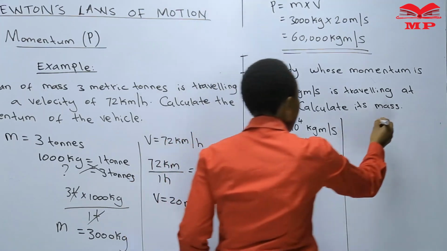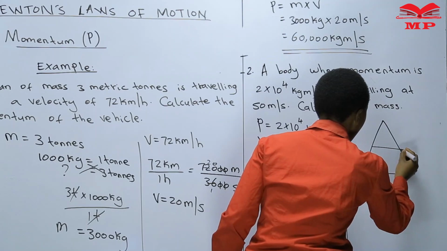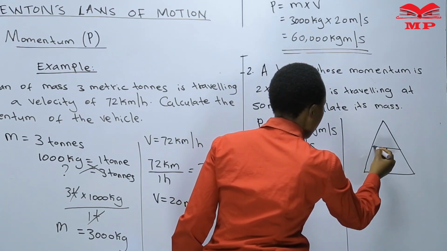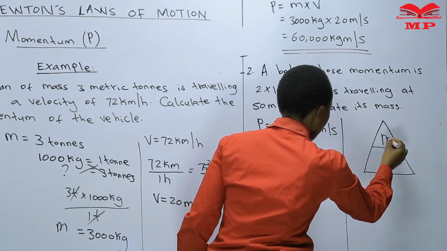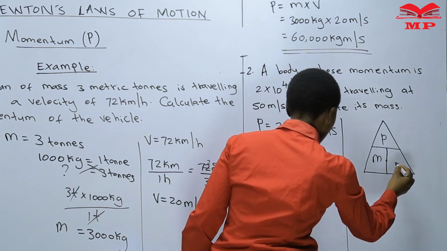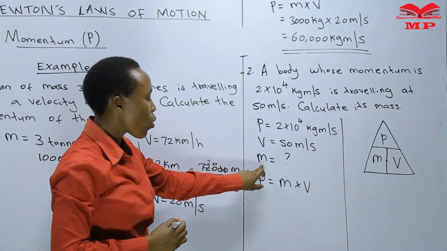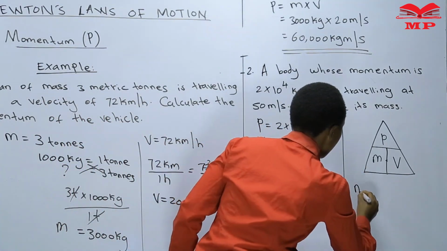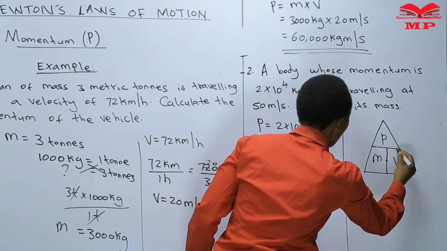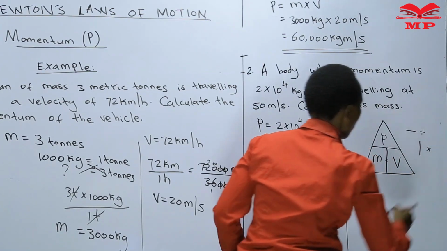If we were to represent this in a triangle, this is what it would mean. This is our momentum, this is our mass, so this one is multiplication. So we have mass times velocity. Whenever we want to get, for example, mass, the horizontal line is division, and the vertical one is multiplication.